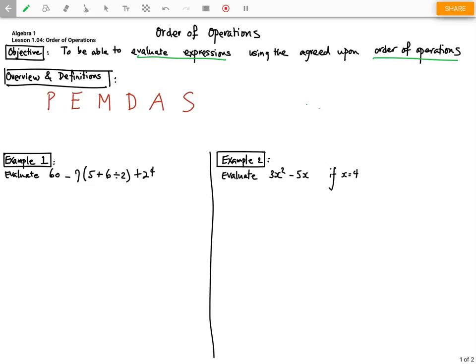When we started this Algebra 1 class, we touched a little bit upon the acronym for order of operations called PEMDAS. Remember PEMDAS?